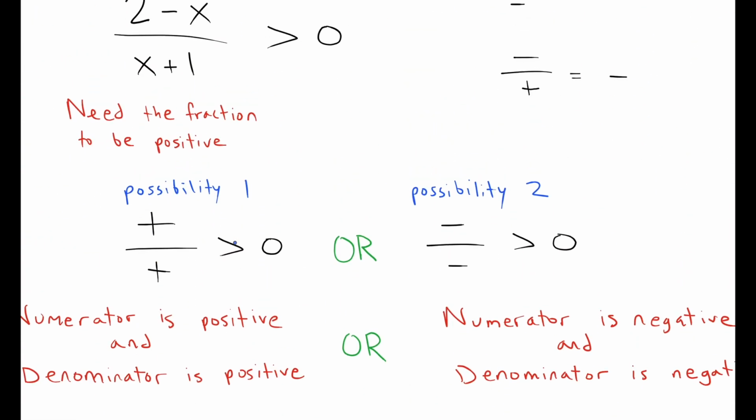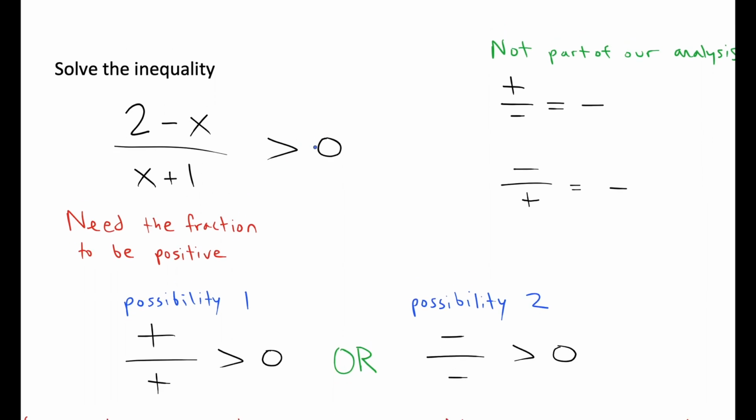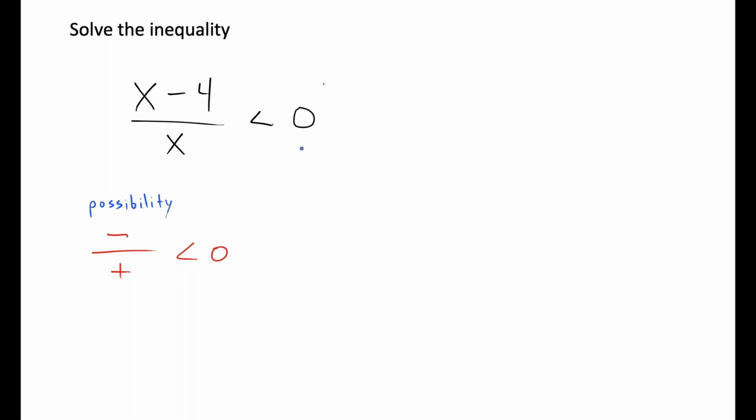This problem was different from my last problem. In the last problem, we wanted the fraction to be greater than 0, therefore we needed a positive over a positive or a negative over a negative. In this particular problem, we want the fraction to be less than 0. So our first possibility is that we could have a negative numerator and positive denominator.